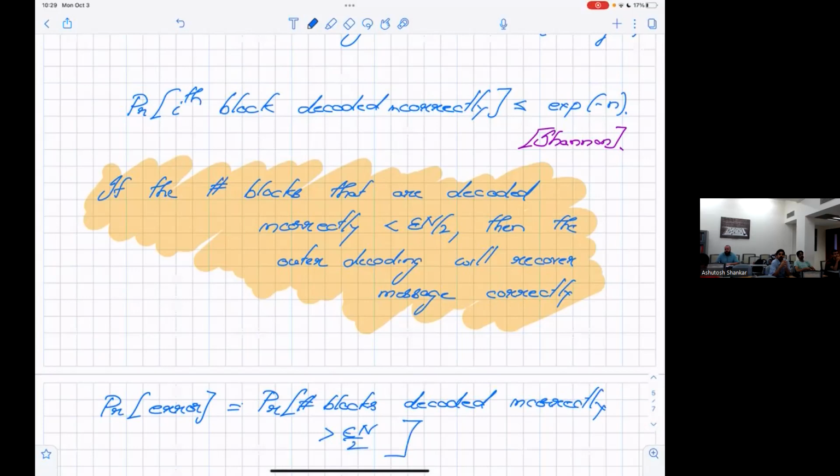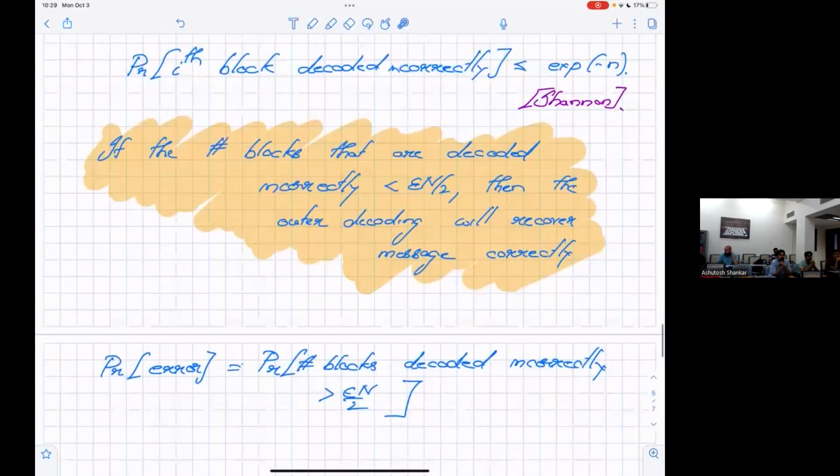Notice that we know a block is decoded incorrectly with probability exponential in minus n. That's a very small quantity. Therefore, the expected number of blocks that I expect to decode incorrectly is capital N times this fraction. And I'm asking, will that number become larger than epsilon N by 2?